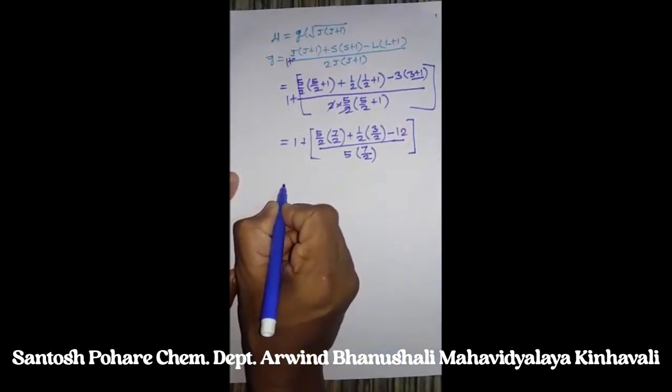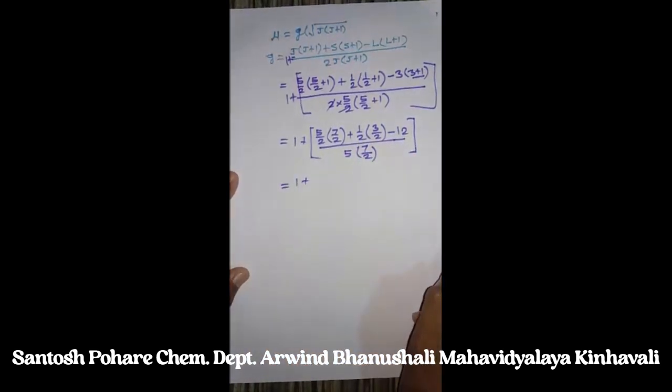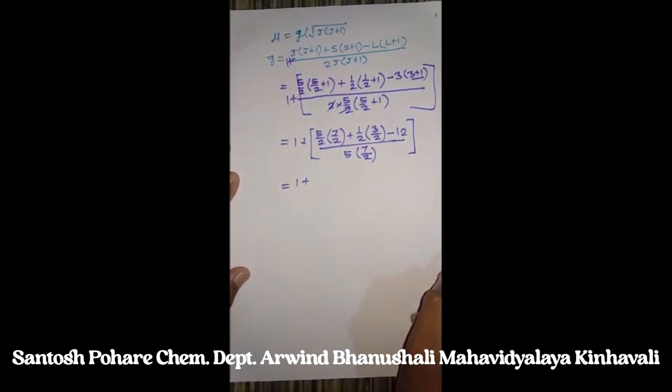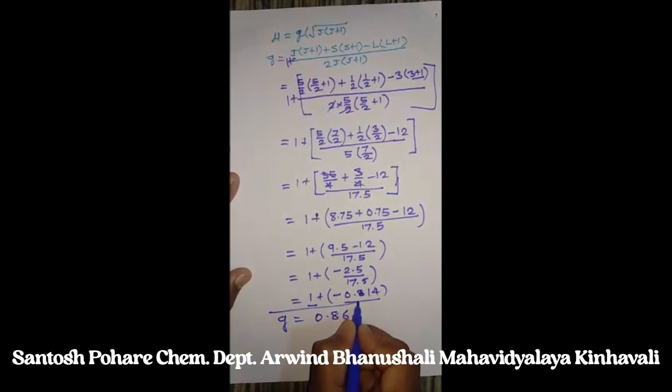Now next we have to simplify and solve this. After solving, we get the value near about 0.86. So dear students, we get the value of g, that is 0.86.